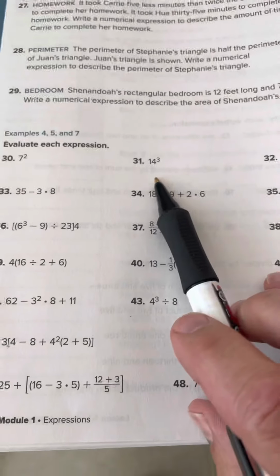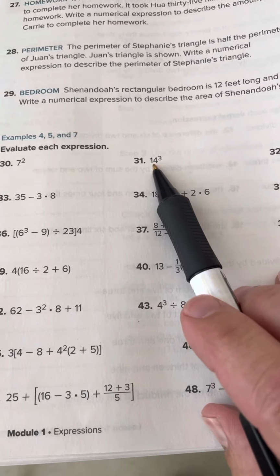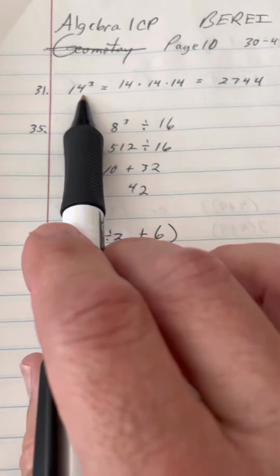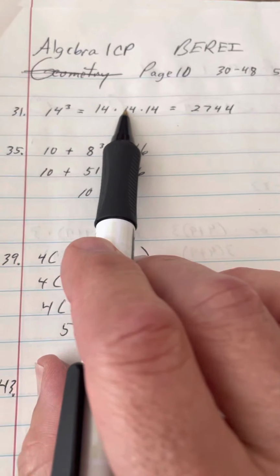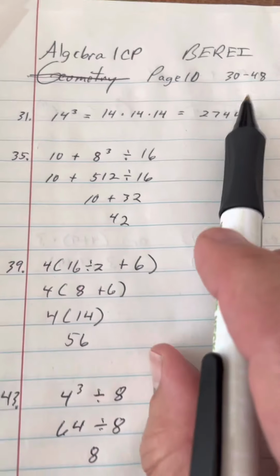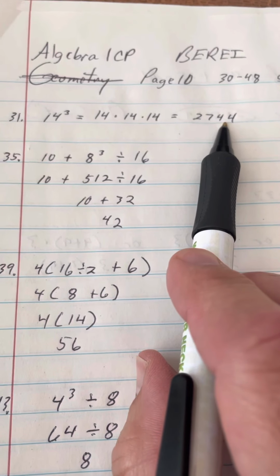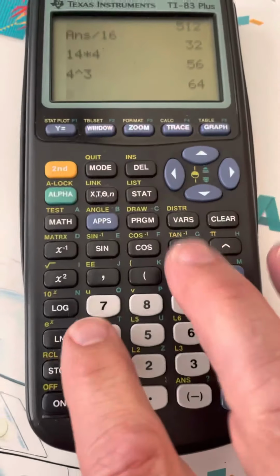Taking a look at this page here, the first one that I'm going to do is 31. We have 14 to the third power. 14 to the third power, what does that mean? That means 14 times 14 times 14, or 2,744. If you're not sure, you know what buttons to use.